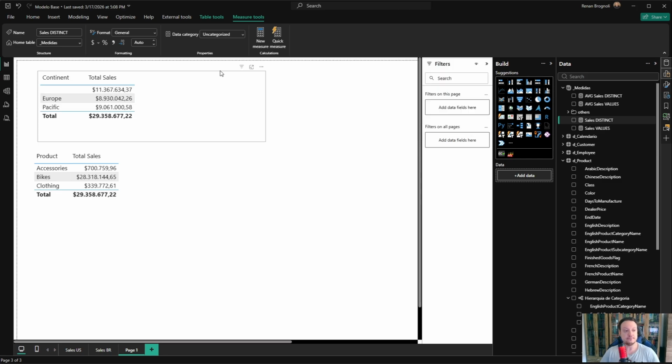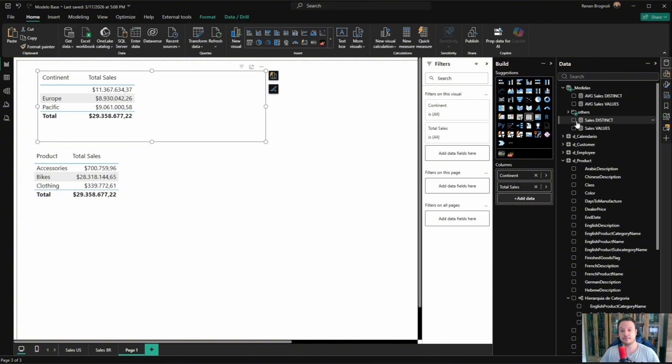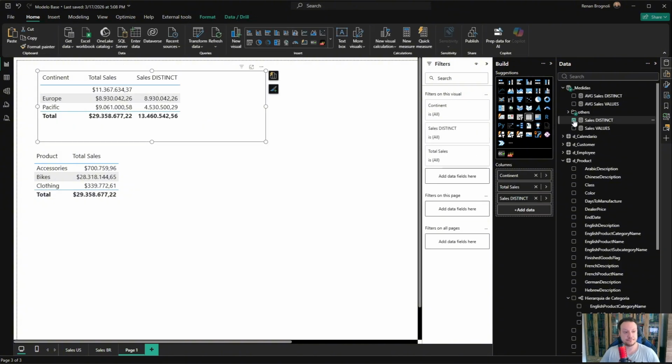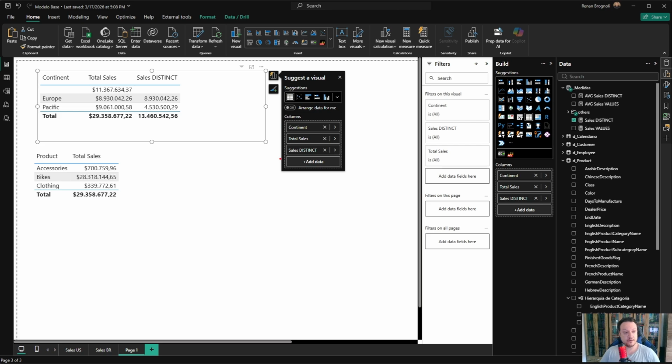So let's put our value here. As you can see here, Europe maintained the same value. Pacific, the value was multiplied and has half of the amount, diminished by 50%, just like we asked in our measure.